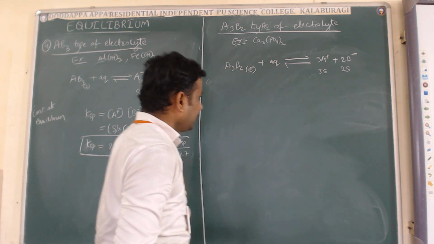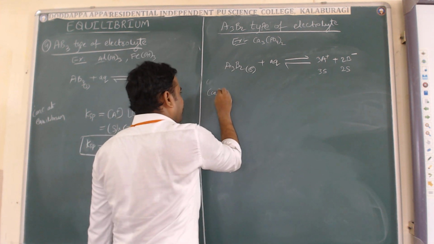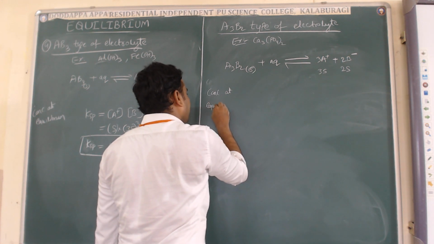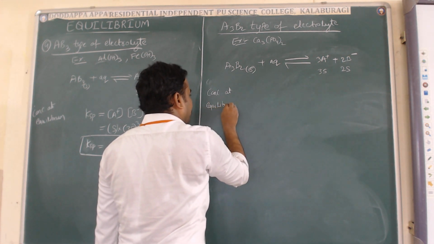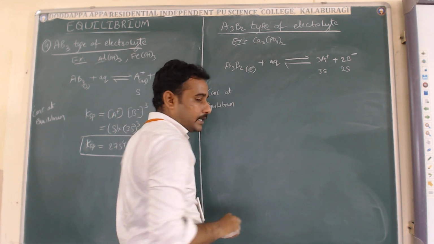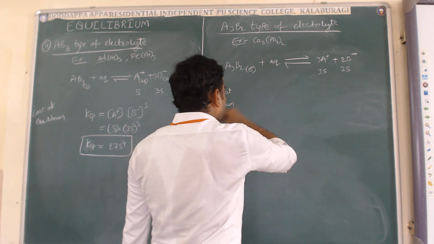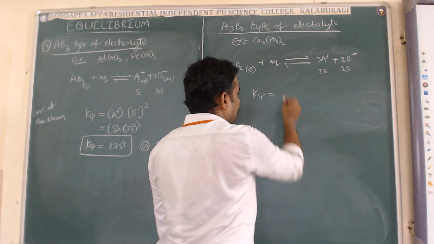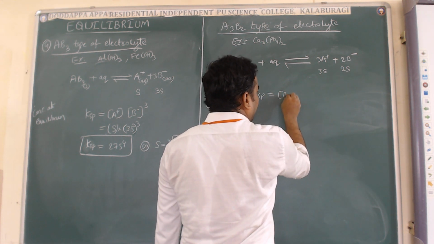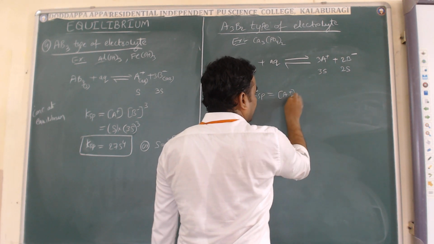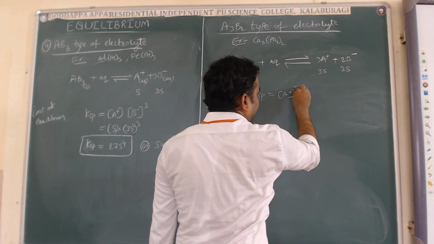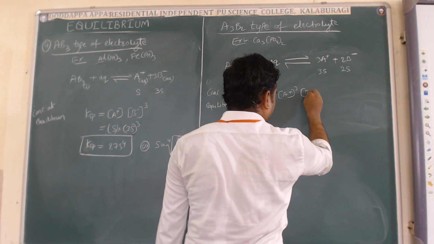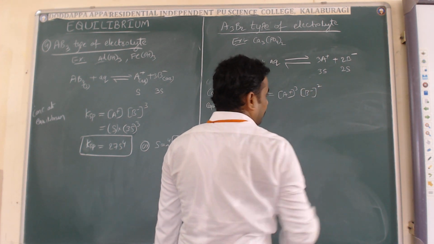Then the concentration at equilibrium. Ksp is equal to [A+] raised to the power 3 into [B-] raised to the power 2.